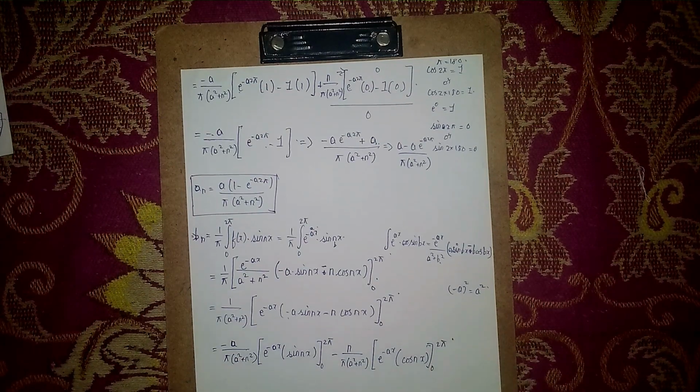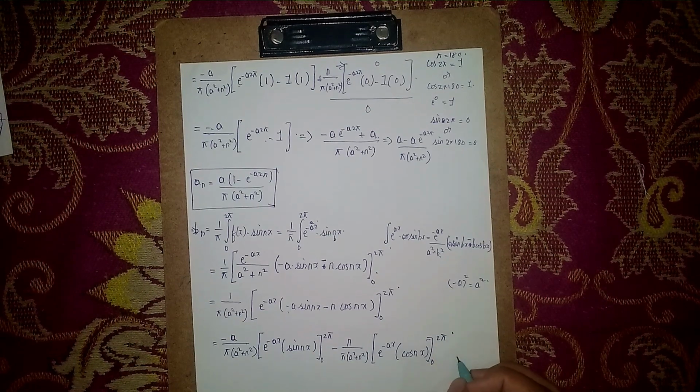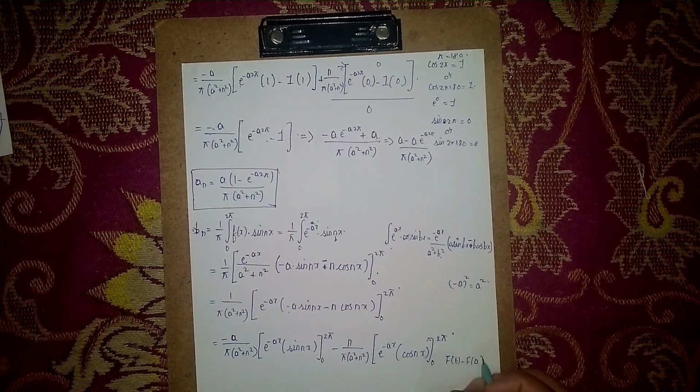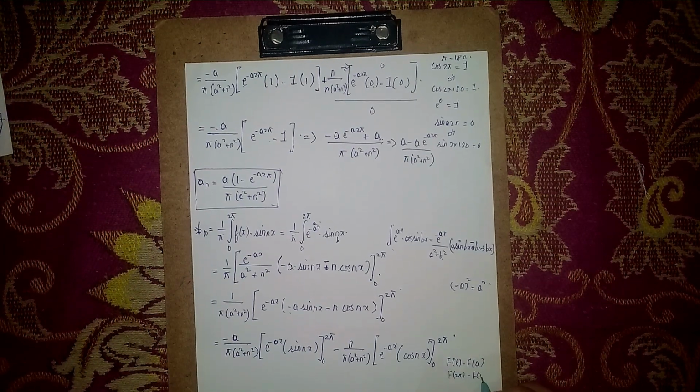Now simply I will apply the limit. How do we apply the limit? You know, F(b) minus F(a). If you are getting confused, write inside F(b) minus F(a). What is b? It is 2 pi, F of 2 pi. What is a? 0.